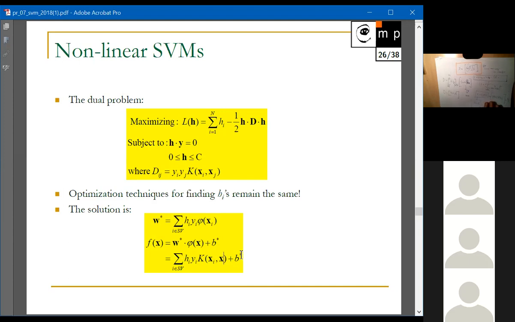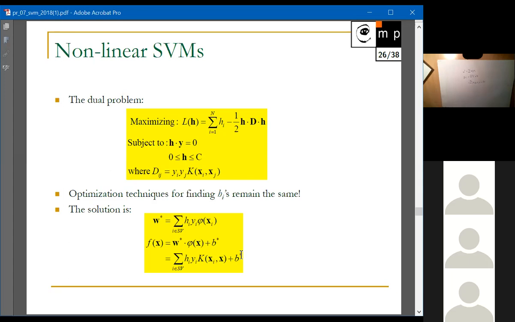Now, there is one problem that makes the kernel operation more difficult. So in a linear function, we had W, the optimal solution was some sort of sum of alpha_i y_i x_i, and the classifier, which is called here f(x), was W star x, these are vectors, plus b, which is the same thing as sum alpha_i y_i x_i x plus b.